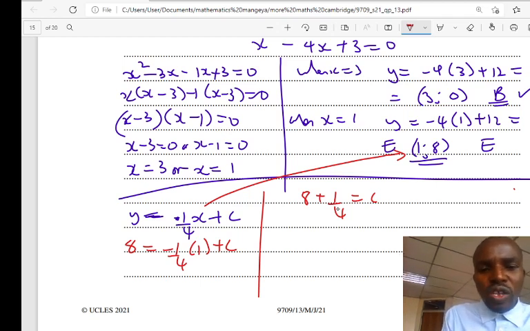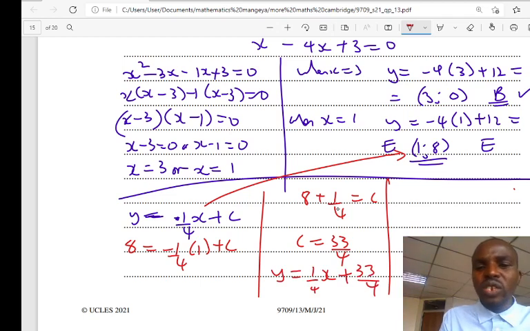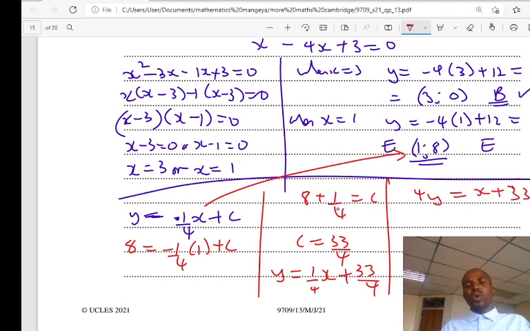So c is equal to 33 over 4, like this. Then after that, replace, you get y is equal to 1 over 4 x plus 33 over 4. You multiply everything by 4, still it works. You get 4y is equal to x plus 33. It depends on the format, but even like this, it is still the same.